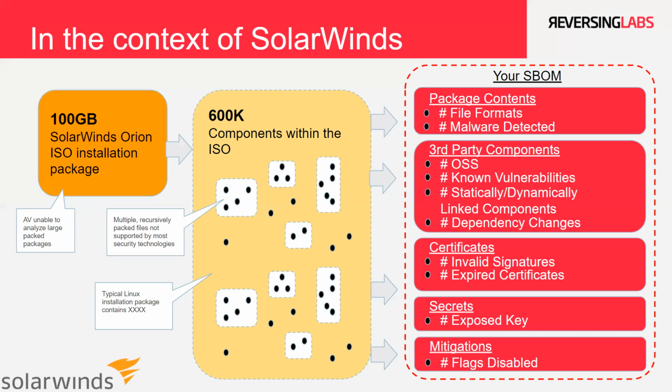So you need to, again, break it down to the fundamental components, what sort of formats exist, was malware detected, and I would argue that AV is not going to get you there because they're not going to, one, take on files of this size, or have the ability to break down these large installation packages to their fundamental components. So then you want to make an assessment of what sort of third-party components exist within that environment.